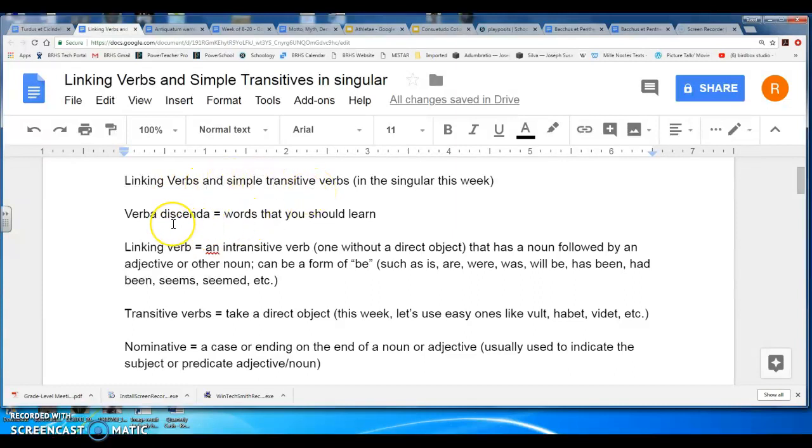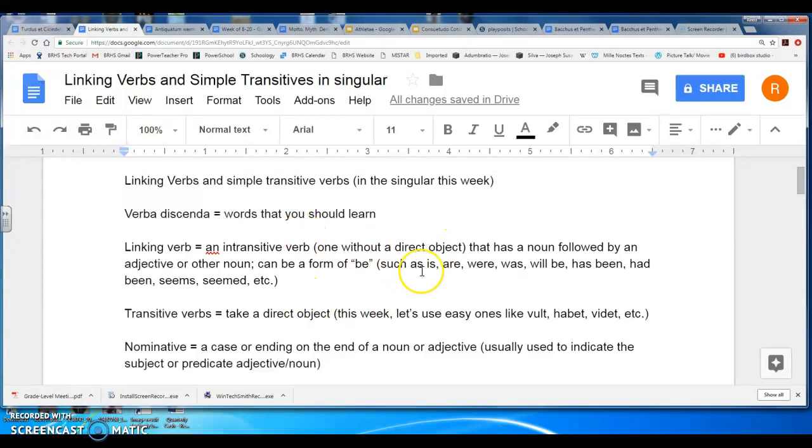So here are some terms, verba discenda, that you should be aware of. A linking verb is an intransitive verb. That is, it's a verb that doesn't take a direct object. It has a noun in front of it or behind it, and sometimes an adjective or a noun along with it also. A lot of times you'll see subject, linking verb, predicate complement, or predicate adjective or predicate noun.